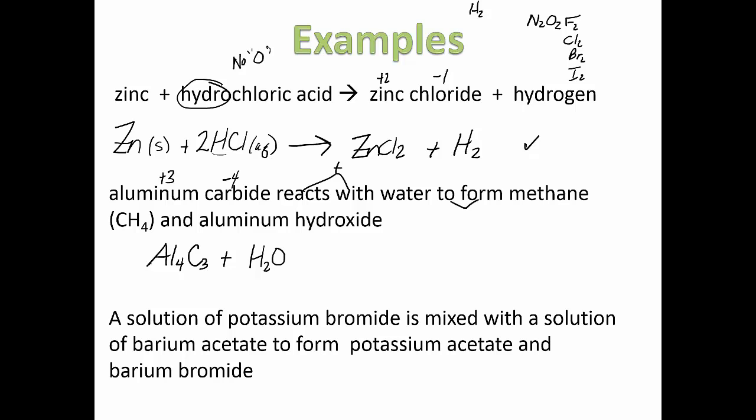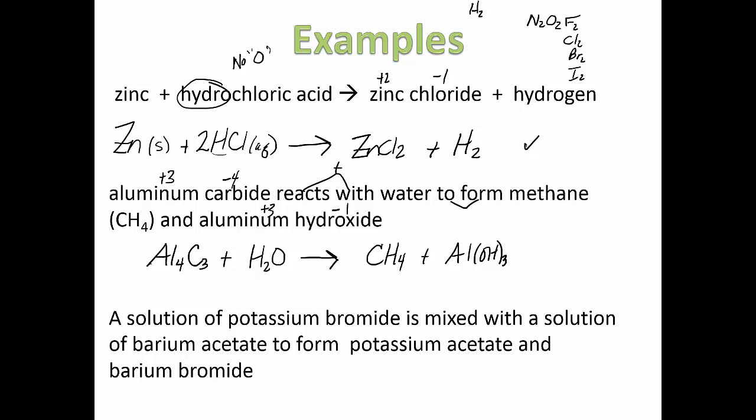To form arrow, methane, I'll give you the formula for it, and aluminum plus 3, hydroxide minus 1. So when I write this formula, Al(OH)3. Okay, it's so important. Don't forget the parentheses, because then things don't balance if you forget the parentheses and you drive yourself crazy.